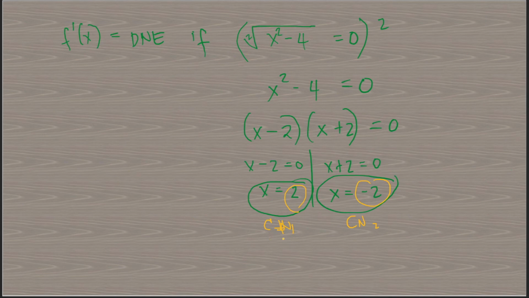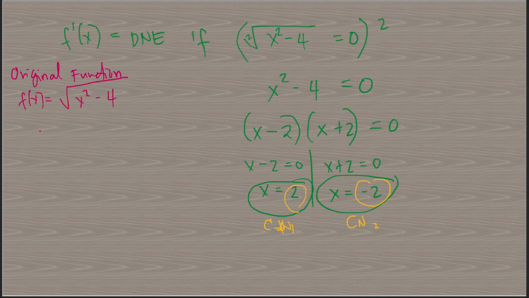The requirement in our problem is to find the critical points, and so far we have arrived only at the critical numbers. So to find the critical points, we continue the process by substituting our critical numbers into the original function. Our original function is f of x equals the square root of x squared minus 4.